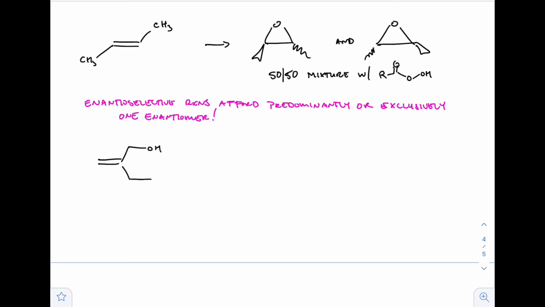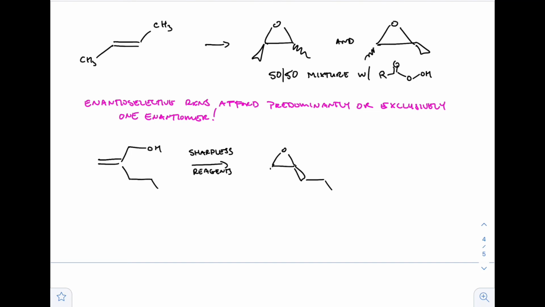Enantioselectivity is really difficult to achieve. For Sharpless to actually achieve this with allylic alcohols, he won the Nobel Prize doing it. And that just tells you how important it is and also how difficult it is.